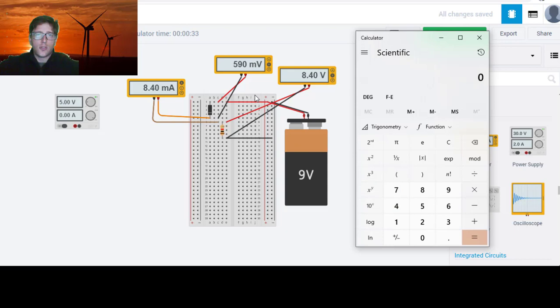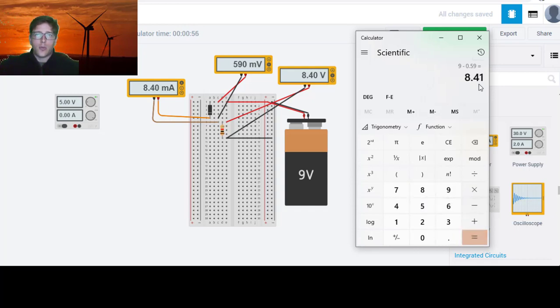Okay, so we have 9 volts here, and then we subtract 9 minus 0.59.